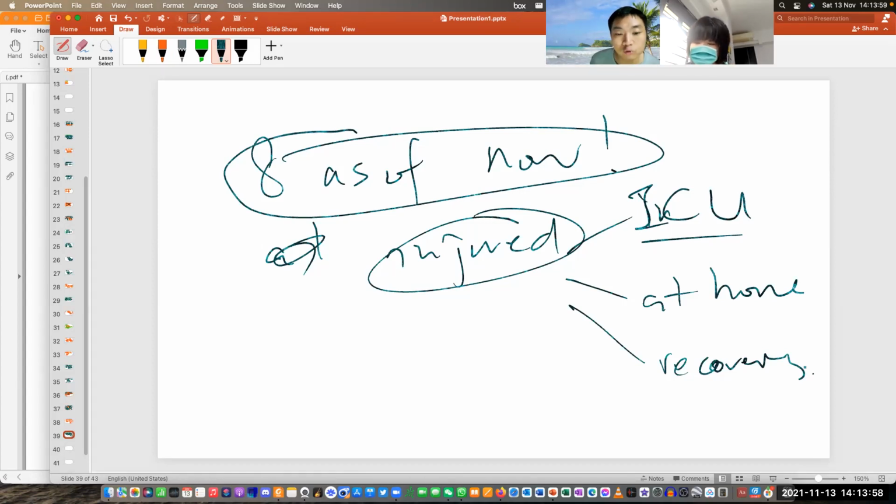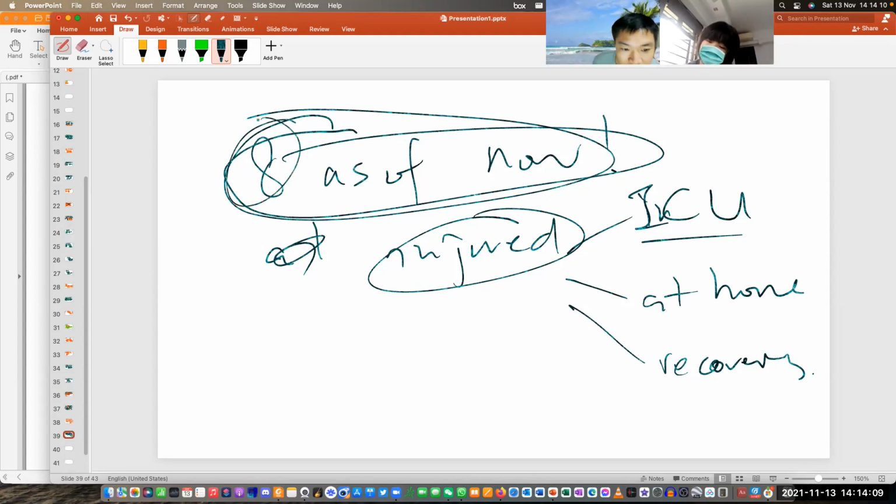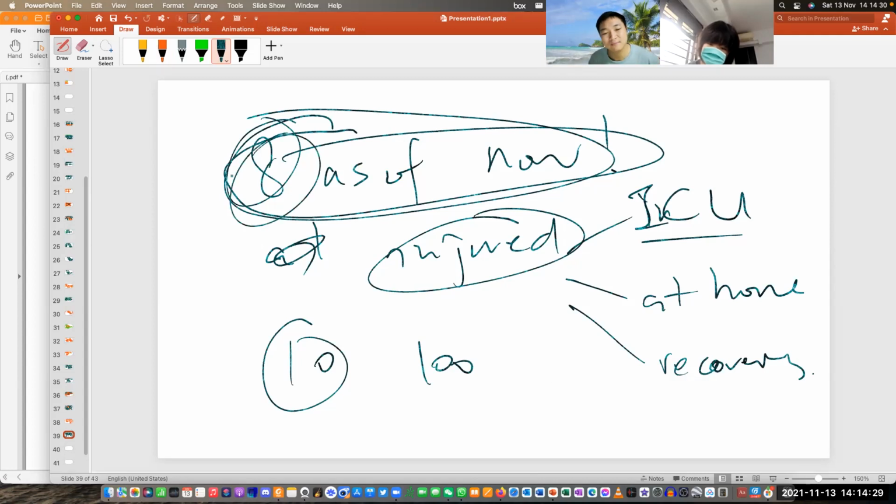So 8 is an estimate. As of now, you're not sure. So 8 is not the final answer. If you round this 8 up, you can say about 10. 10 is easy for people to remember, right? 10, 100, whole numbers are always easy for people to remember. 8 somehow is hard.